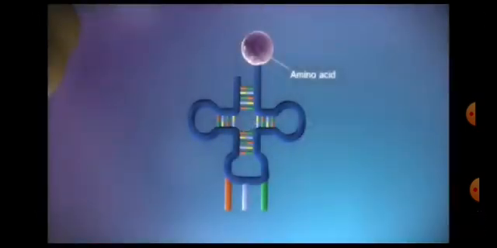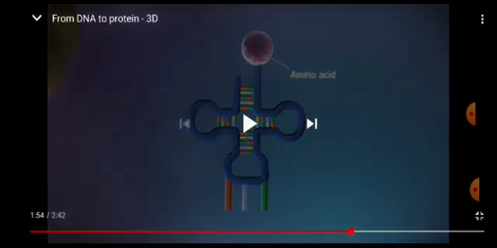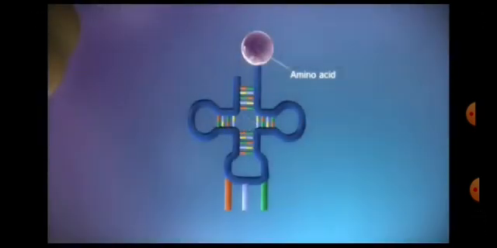And then there is the presence of tRNA. You can see the structure of tRNA, transfer RNA. At the top there is an amino acid, and at the bottom you can see colored sticks, green, white and orange. These colored sticks are nothing but the nitrogenous bases.